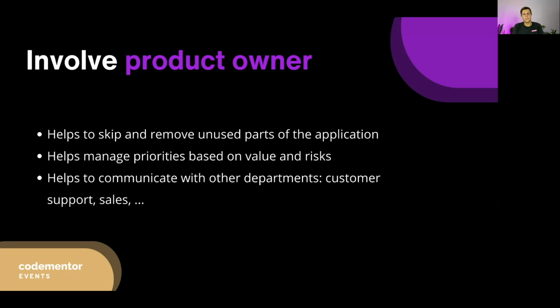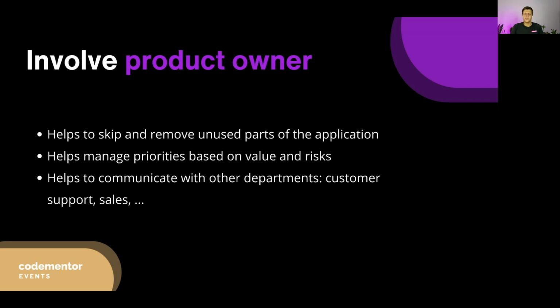We want to deliver an application that is useful for the customer, so we have to have a customer advocate in the team that can check that we are doing it the right way. I also listed some important points that the product owner can help with.